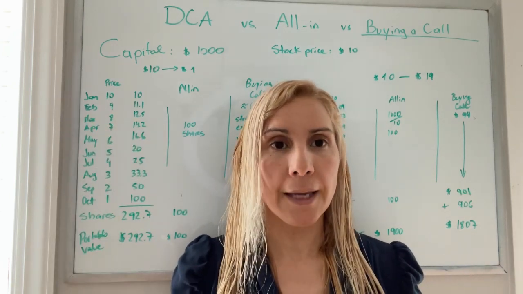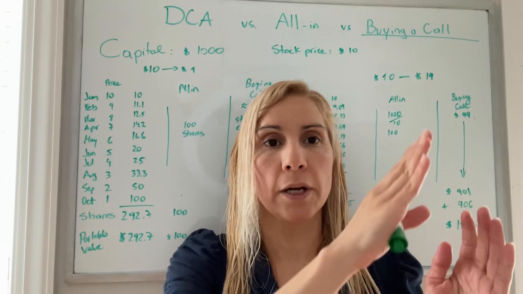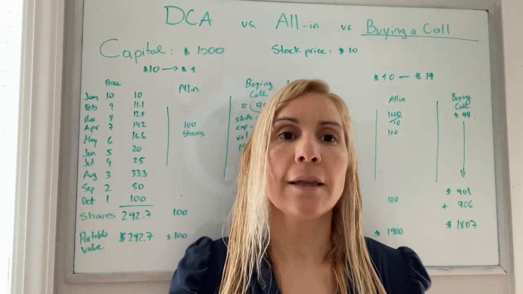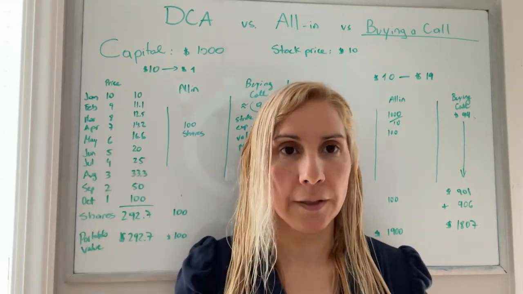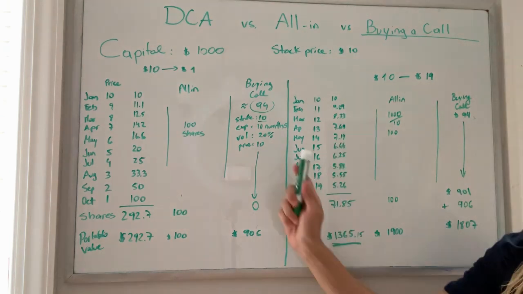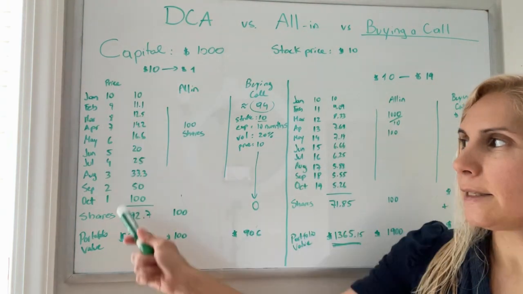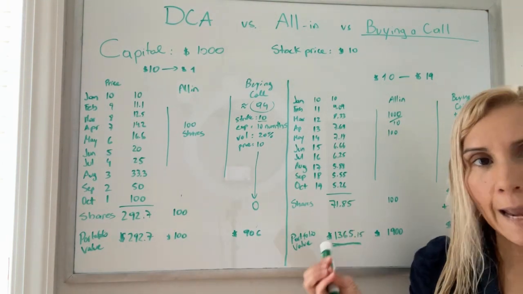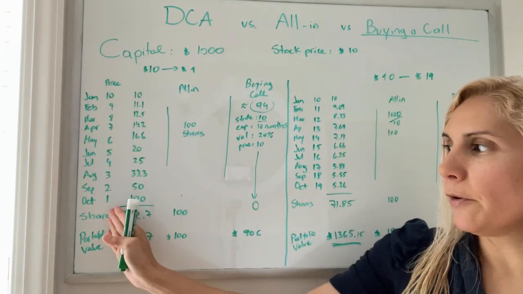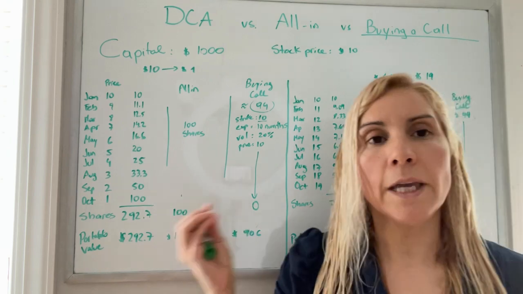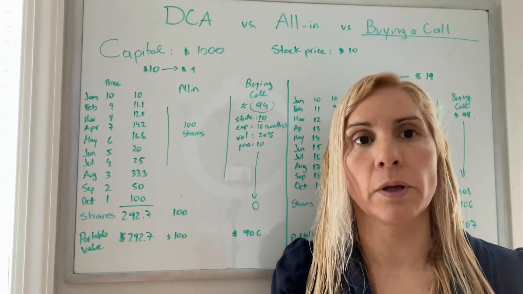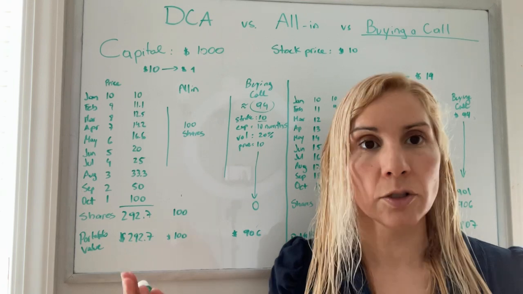So in the first case, we're going to be experiencing a drastic decrease in price. And in the second case, the stock price is going to be increasing drastically as well. Okay, so on the first situation, let's say we are DCAing. That means we are deploying the same amount of capital over a time period of 10 months. So since we have $1,000, each month we're going to be deploying $100 to purchase stocks.